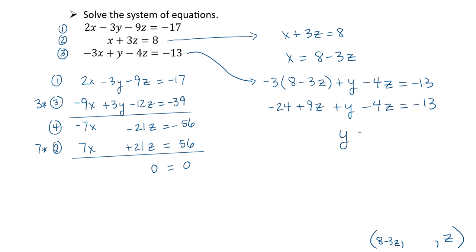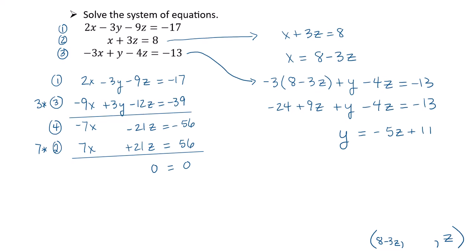So y is going to be negative 5z. If I add my 9z and my negative 4z, that's a 5z, and I have to subtract that from both sides. And then my negative 24, I'm going to add 24 to both sides, and I get a positive 11.